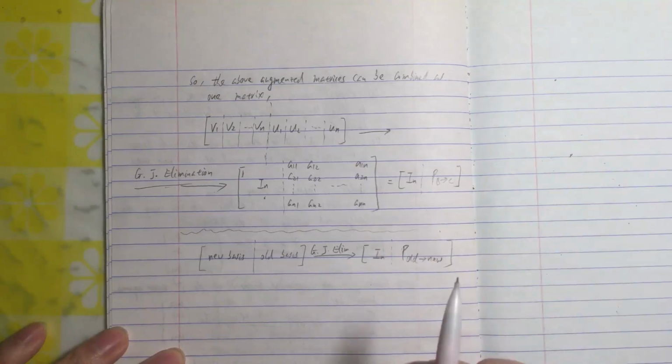That's how we find a transition matrix in Rn.